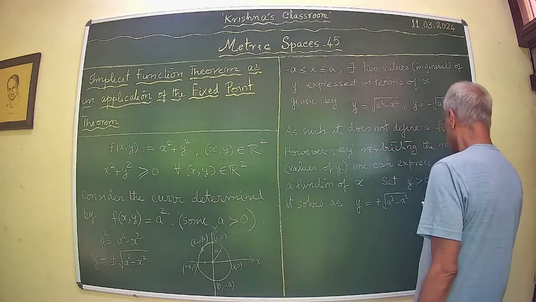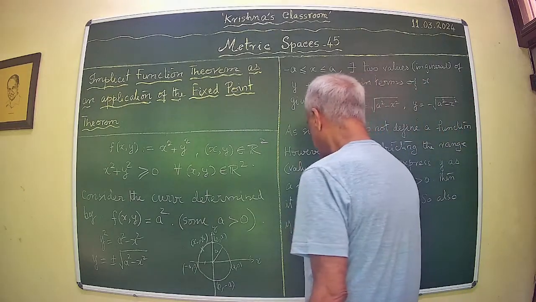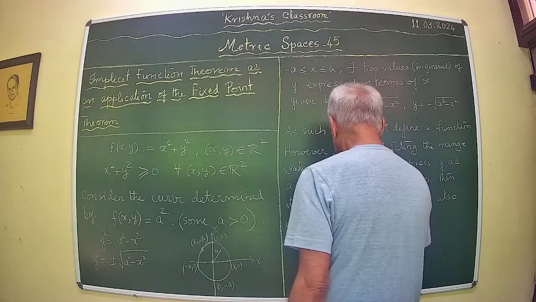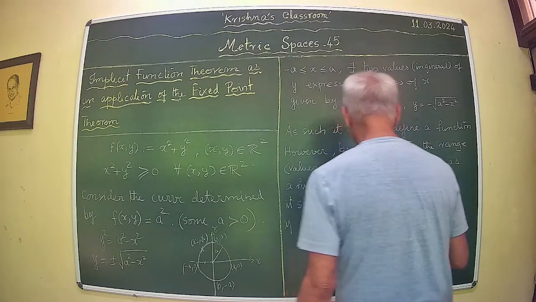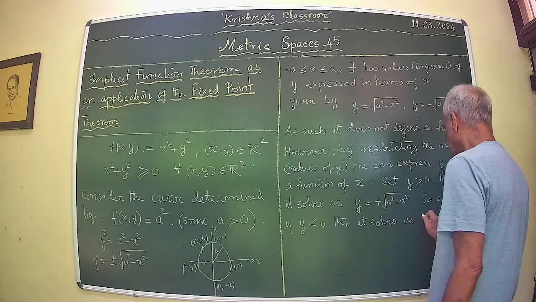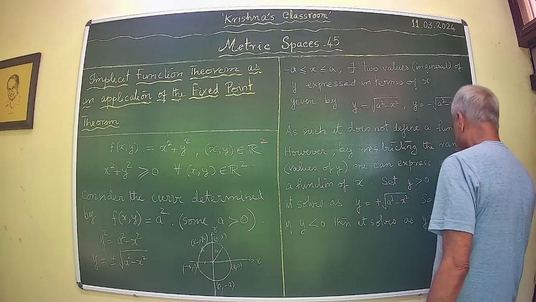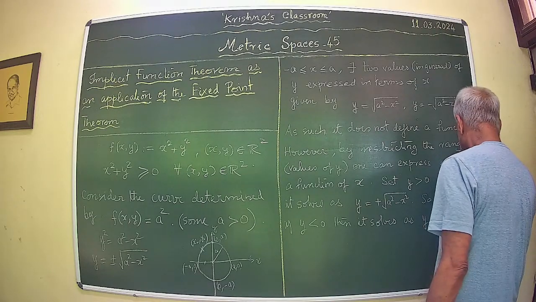So also, if y is less than 0, then it solves as y equal to minus square root of a square minus x square.